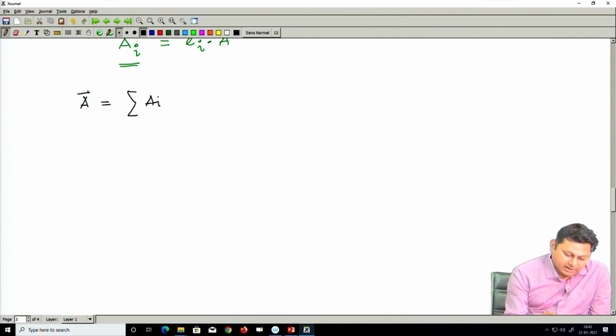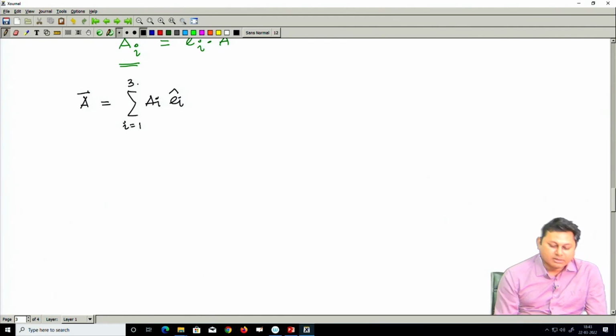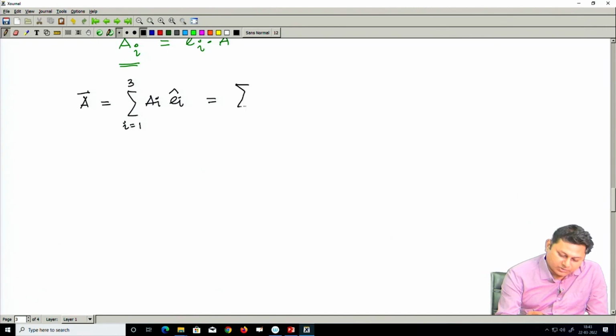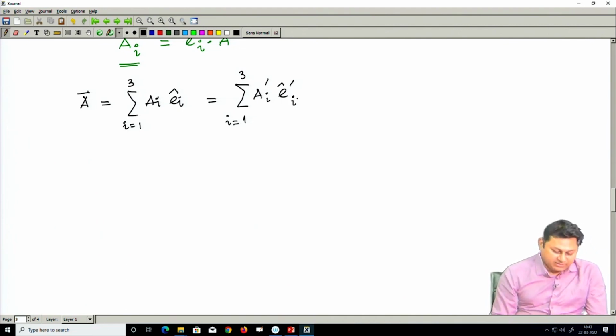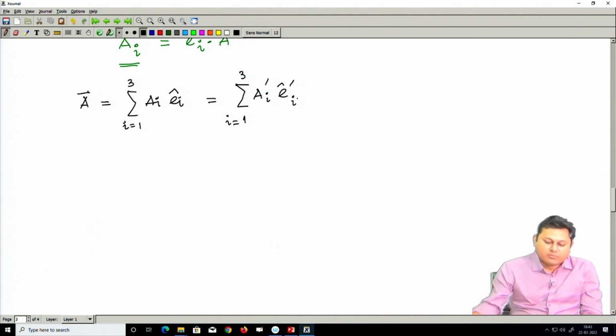For example, here I have the decomposition of A in one system where the unit vectors are E i, but the same vector can be decomposed in another basis also. Let us consider this is a prime basis. Obviously, there should be a certain relationship between the E i and E prime that we are going to understand, but before that, a few more properties of the vector.